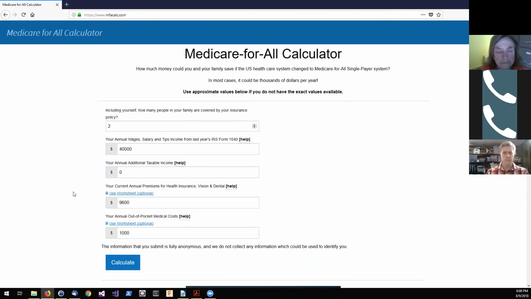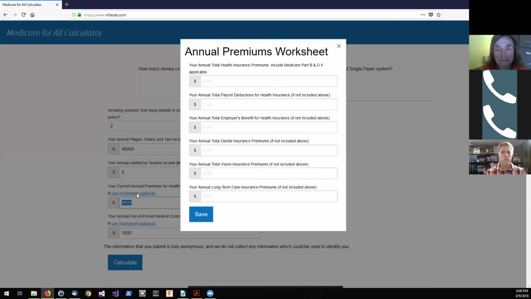If, for example, some people, as they're going through the calculator, you may not know what exactly is covered under medical expenses or not. So I do have some help fields here. If you hover over the help field or click on it, it'll show you what values to enter. Or you can click on this worksheet, and this will bring up all the different categories, in this case, of your health insurance premiums.